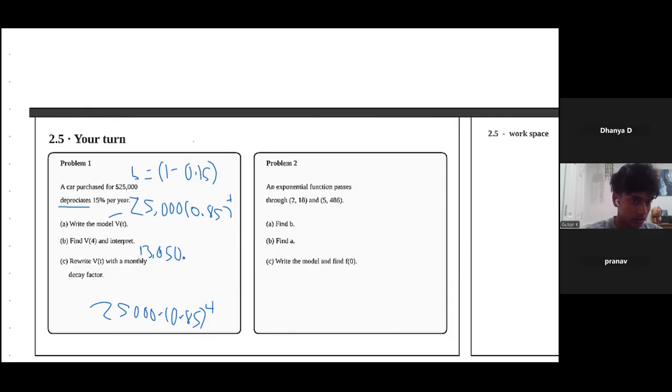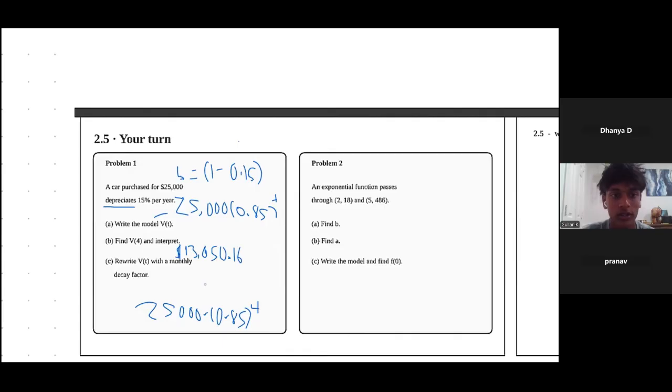And then interpret the meaning of this. I'm just going to say the meaning, can't write it out, it's going to take too long. The meaning is that after 4 years of purchasing the car, the value of the car will be $13,050 and 16 cents.